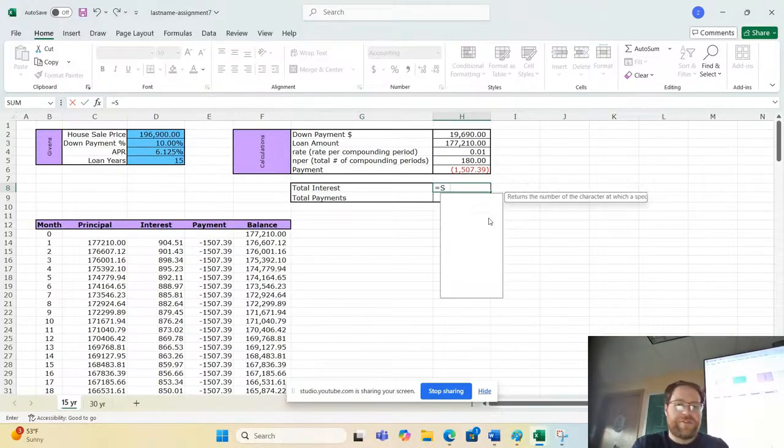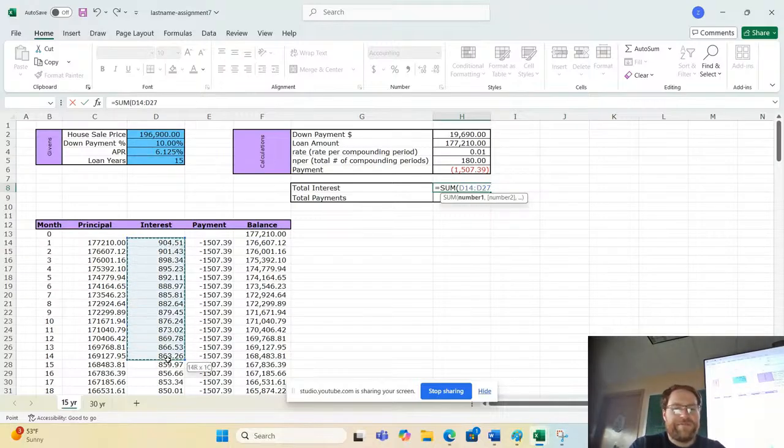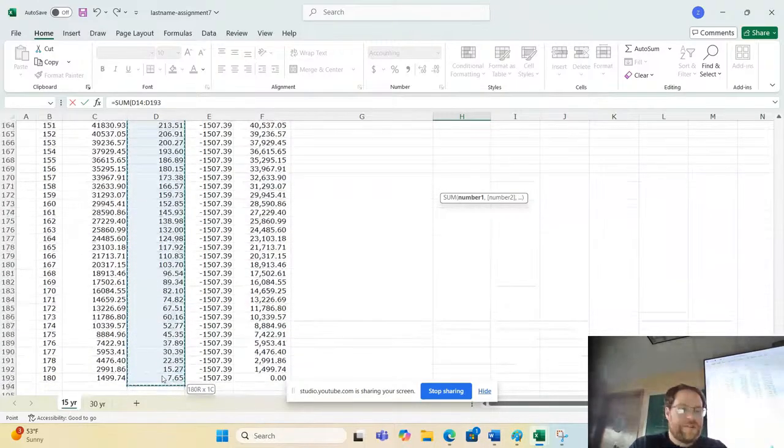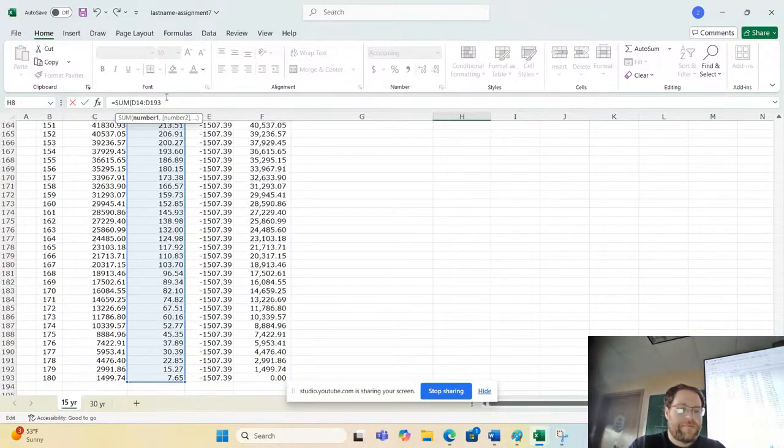From there, total interest paid is going to be a sum function of values in column D. So equal sum of D14 colon to D193.